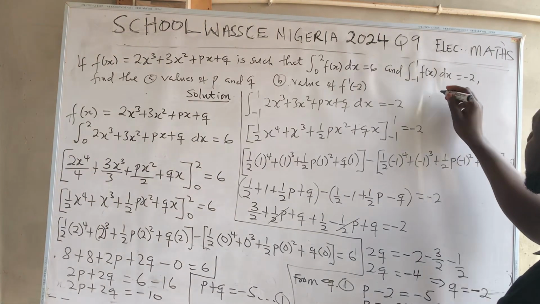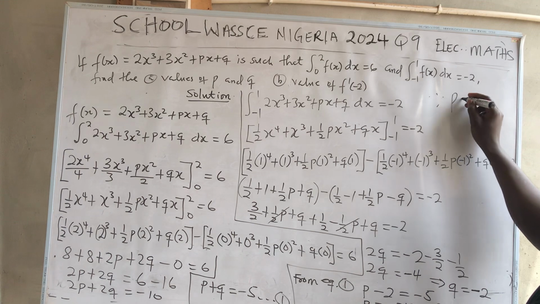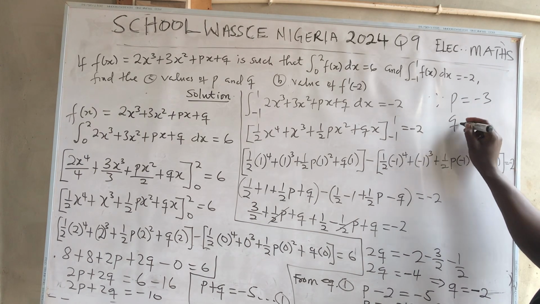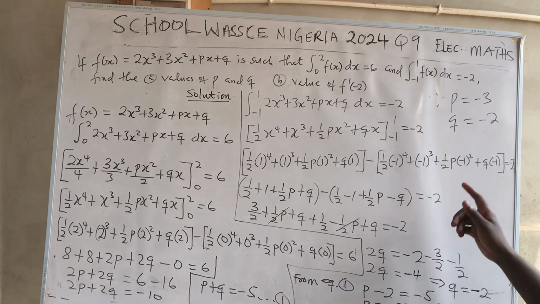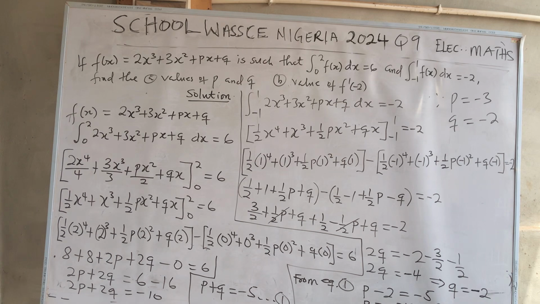Therefore, let's conclude here. P is equal to negative 3, and Q is equal to negative 2. I believe you got it.